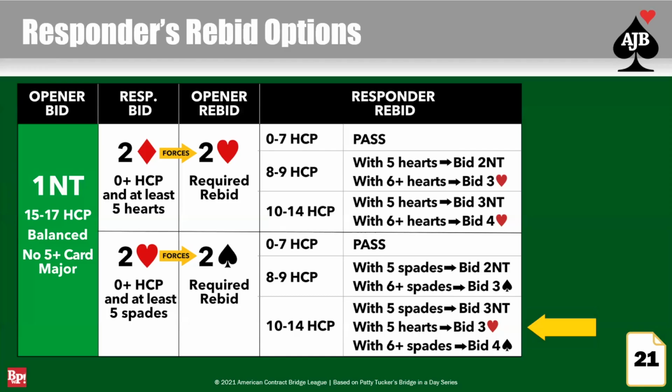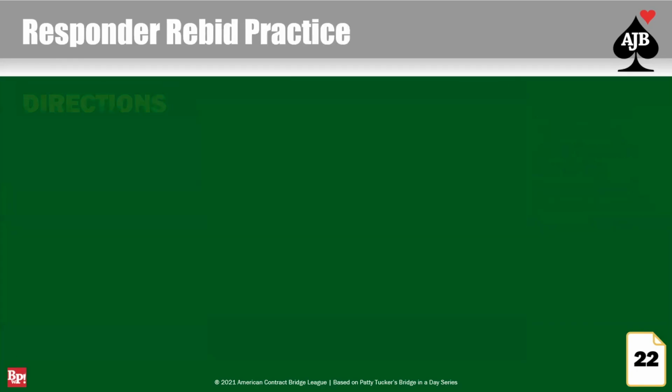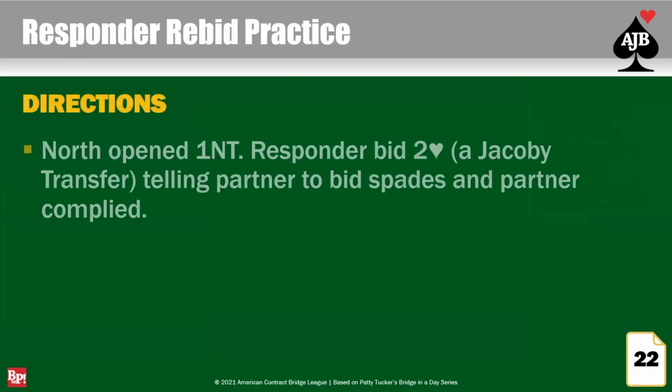So if I transfer to spades and then bid 3 hearts, I'm telling you I have that 5-5 hand, and I want to play in game in either spades or hearts. That's the only difference in how you describe your hand after you've transferred to spades and after you transfer to hearts. All right, let's try it out.